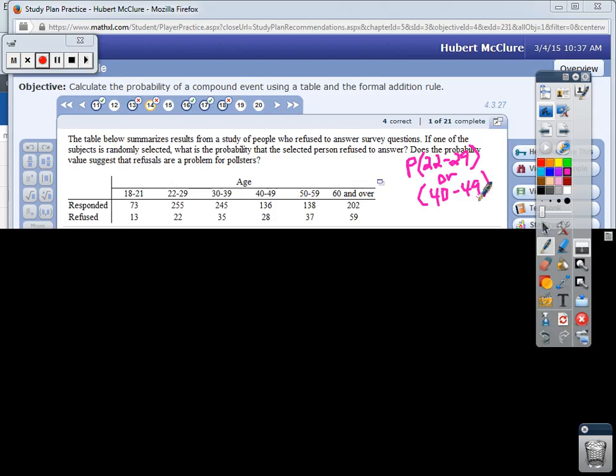So I'm going to highlight 22 to 29 and highlight 40 to 49. Is there an overlap? No. If there's no overlap, you don't need to subtract it. So you may get a question that asks you something like this. They don't give you a total, so you have to add all those up. Somebody add them all up. What do you get?